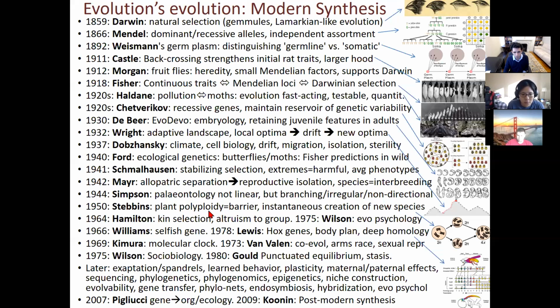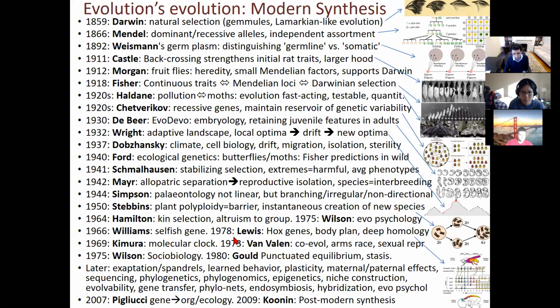Stebbins looking at plant polyploidy as a barrier and instantaneous creation of new species when you have a duplication event of the genome, for example, that leads to species no longer compatible with each other. Williams raising the selfish gene hypothesis, and Lewis with the Hox genes and the evolution of the body plan and this deep homology in embryo versus ancestral species, and this whole Evo-Devo relationship.